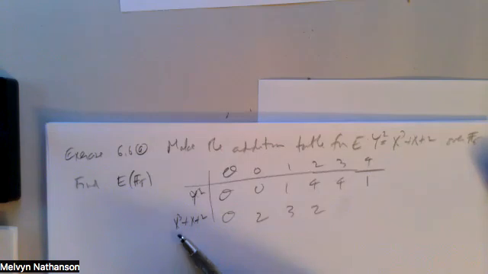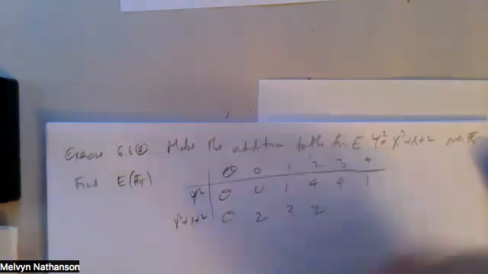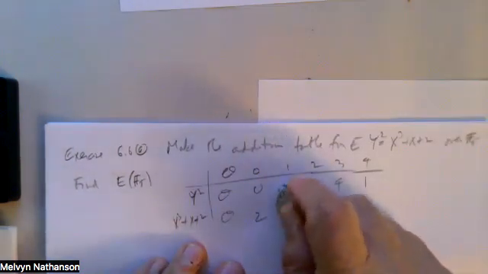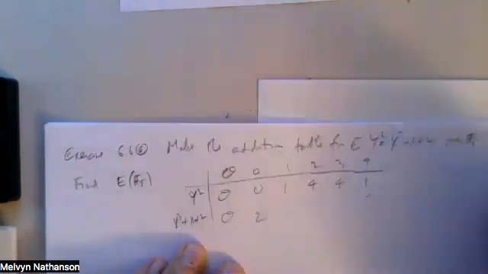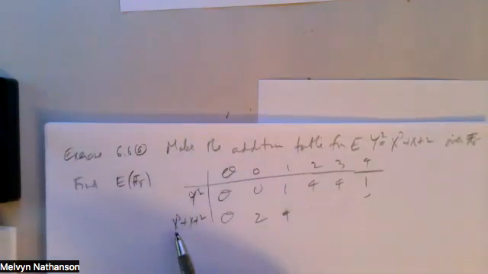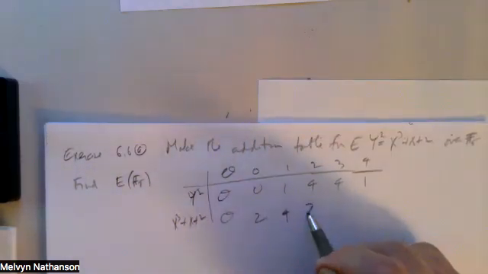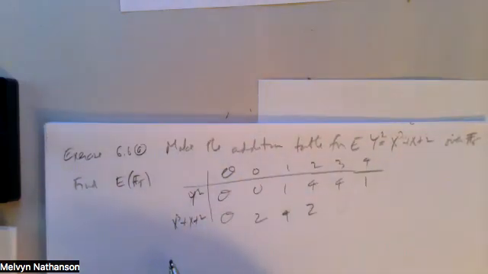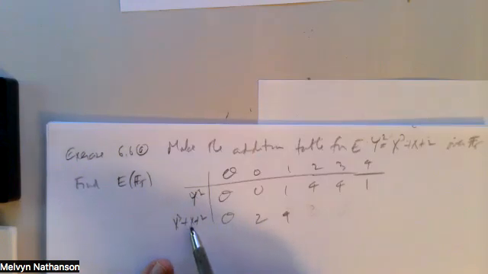When x is 0, 0 plus 0 plus 2 is 2. When x is 1, 1 plus 1 plus 2, it's 4. When x is 2, 8 plus 2 is 10 plus 2 is 12, which is 2 mod 5.